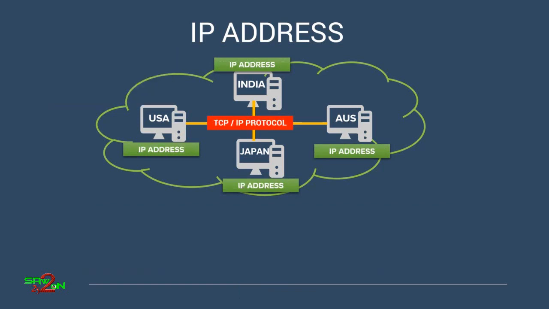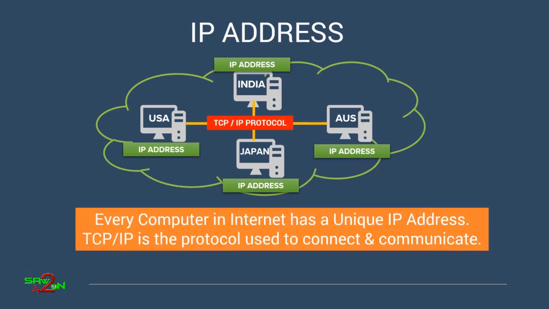So once the IP address is assigned to each of the computers on the internet, using the TCP/IP protocol they can uniquely identify that particular IP address, establish a connection and transfer the data. Those are the rules of the protocol: you need to have an IP address first, and using that IP address, the TCP/IP protocol will establish the communication and transfer the data.